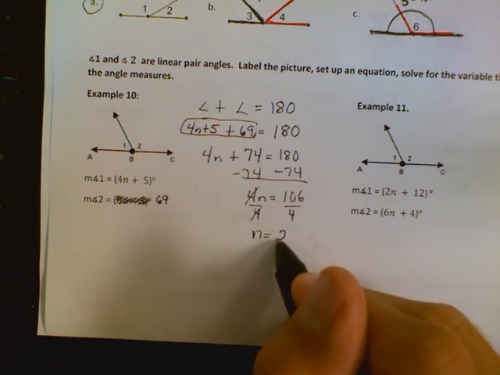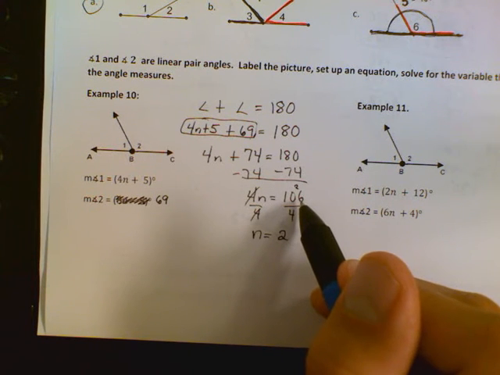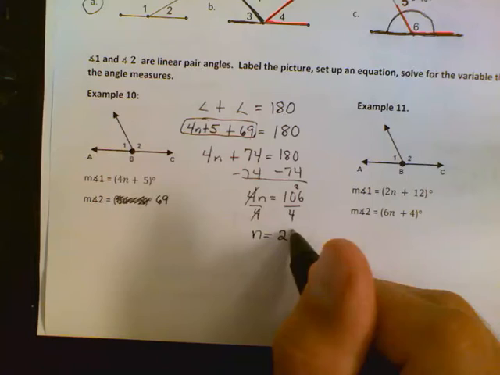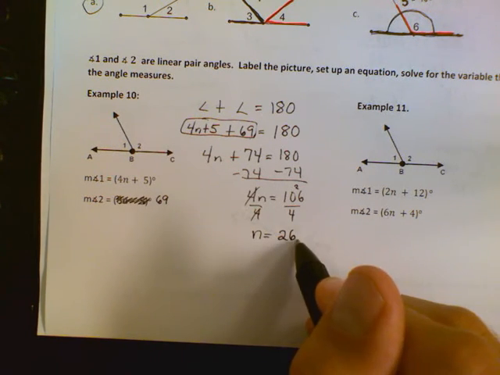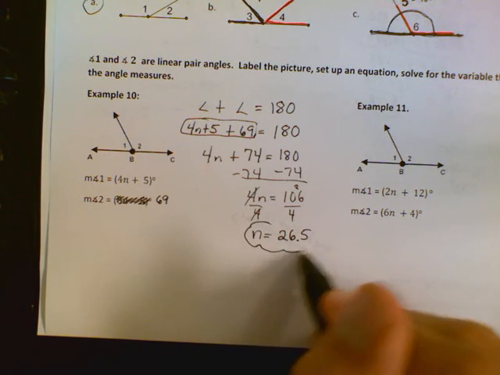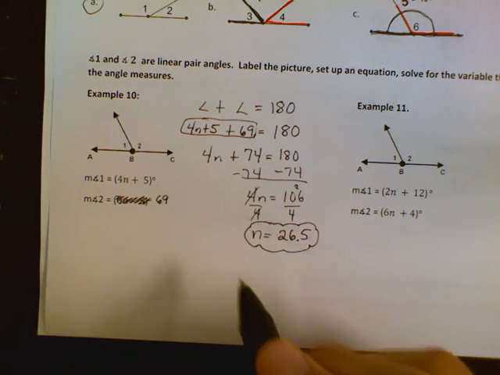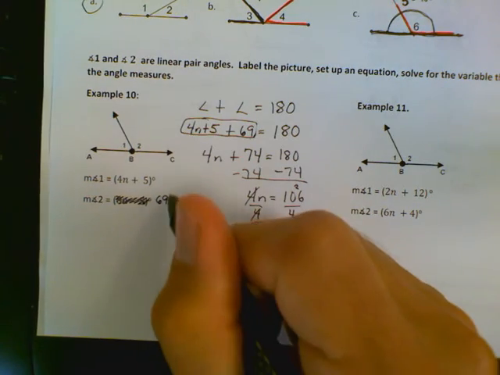With 2 remaining. 4 goes into 26 6 times with 2 remaining. So this answer will be 26 and a half. And when you get decimals like 26 and a half, those can actually be problems that I would give you. I typically won't give you a long running decimal, but a 0.5, yeah, I can give you a 0.5.